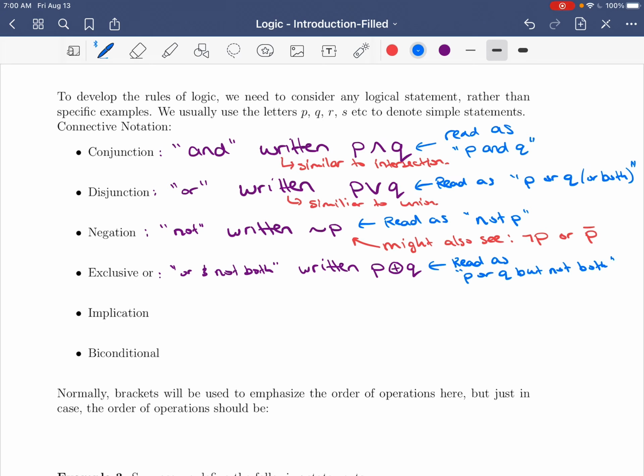Okay, implication has two compound statements, or two simple statements. So it's if something, then something else is sort of the way it goes.